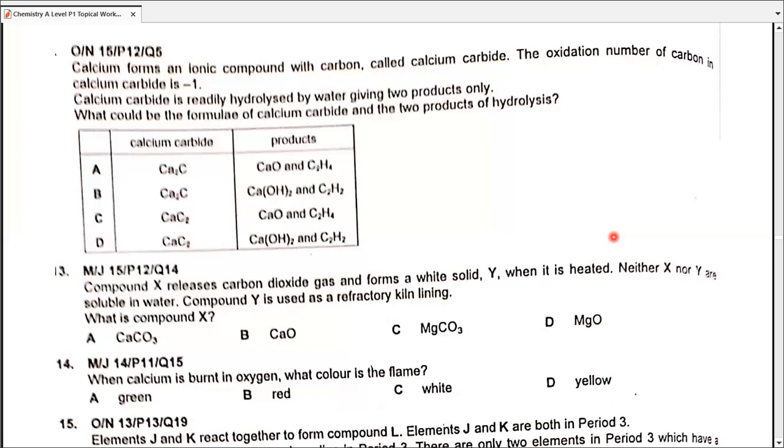What could be the formula of calcium carbide and the two products of hydrolysis? Carbon is -1, so calcium would be +2.